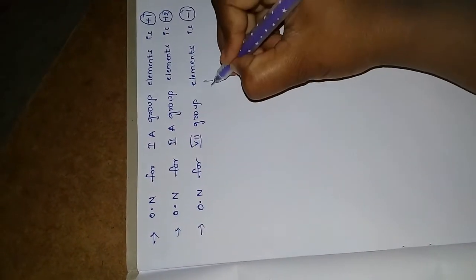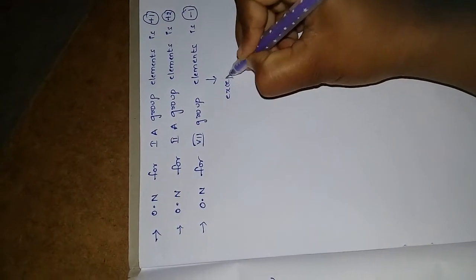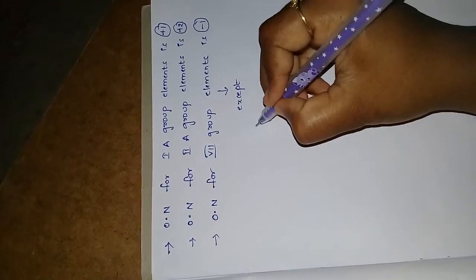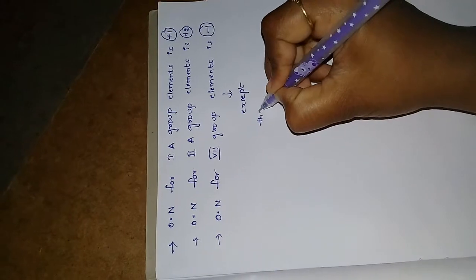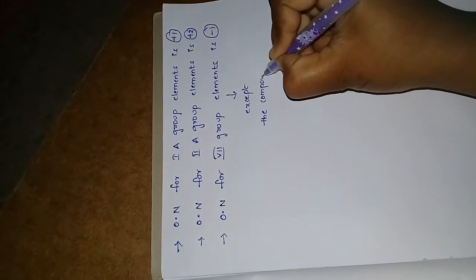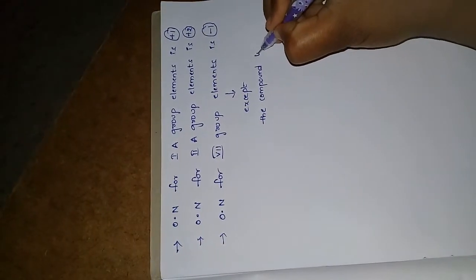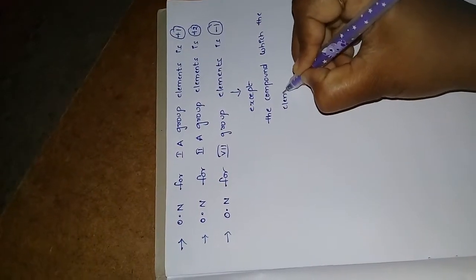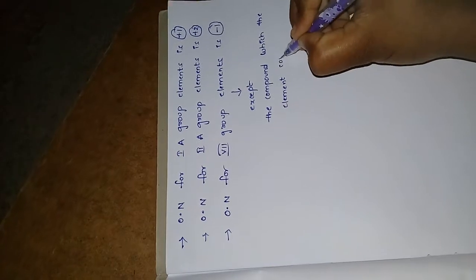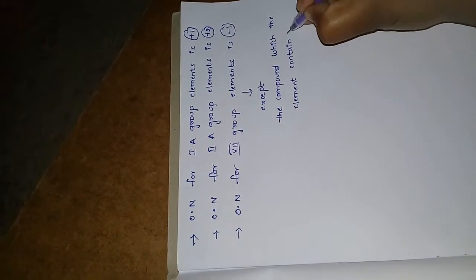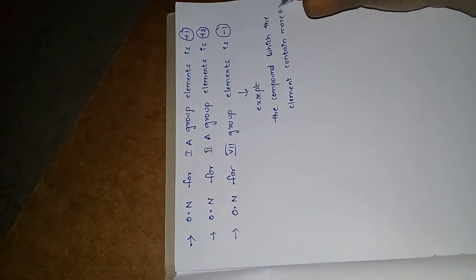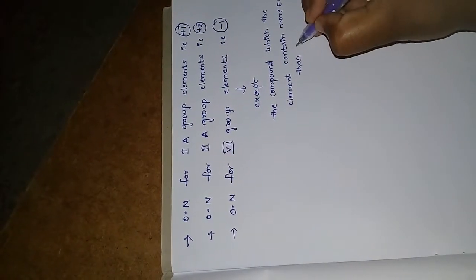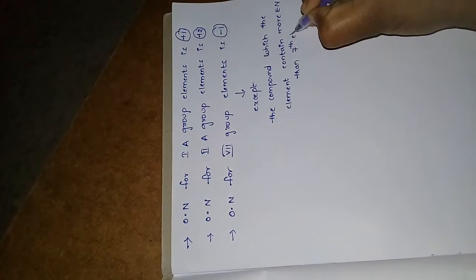In this rule, the exception case is the compound, see I am writing here, the compound which contains an element more electronegative than the seventh group element.